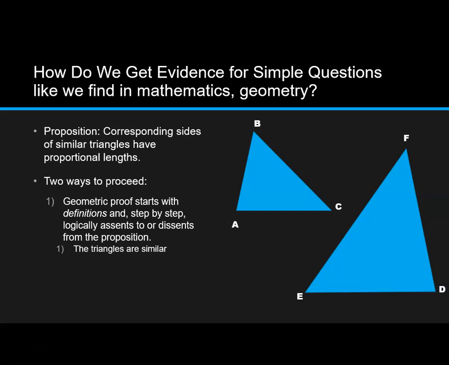So, we first start with the triangles being similar. Then we have a series of logical statements. I remember dropping a whole bunch of perpendiculars when I did geometrical proofs. And we determine that AB over DE is equal to BC over EF.